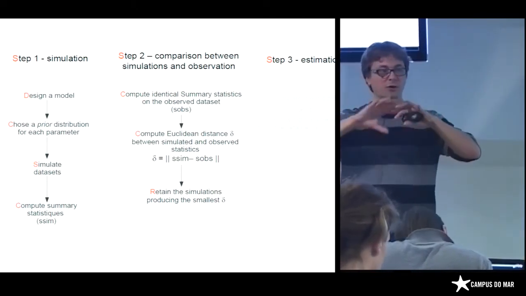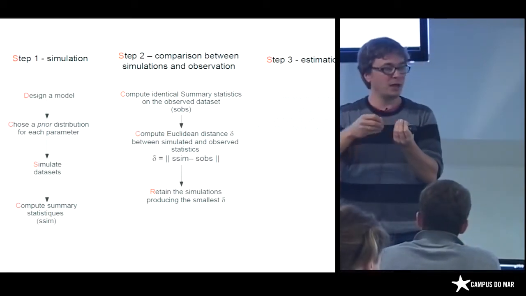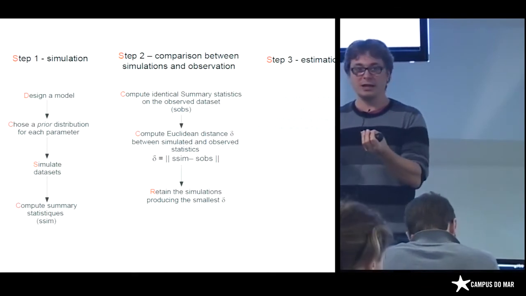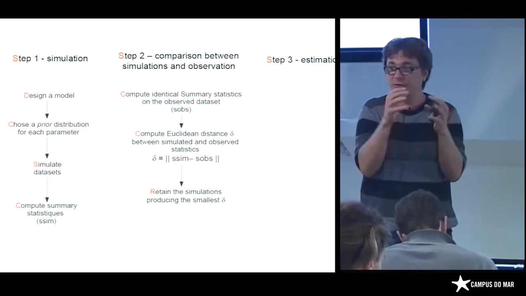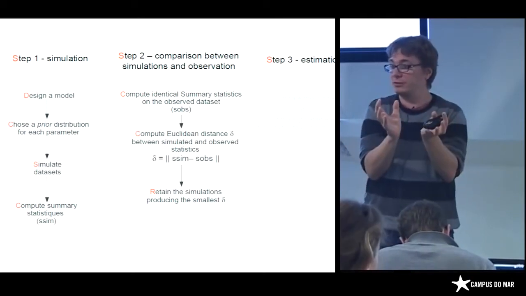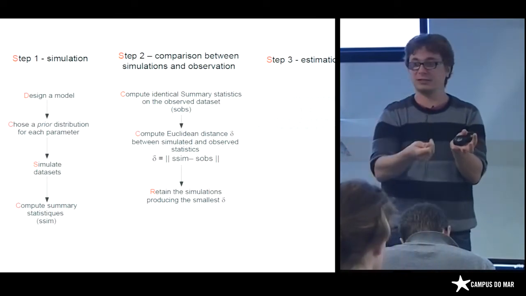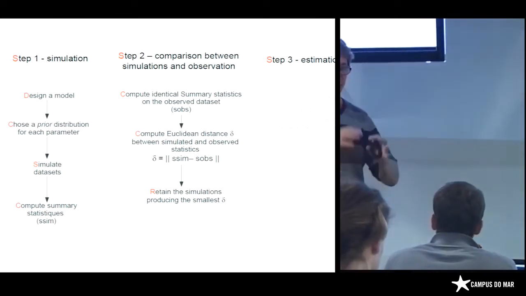If all the 2,000 closest simulations are produced by the strict isolation model, for example, and the IM model is not represented in this cloud, you support the strict isolation model. Okay? So it's very simple.